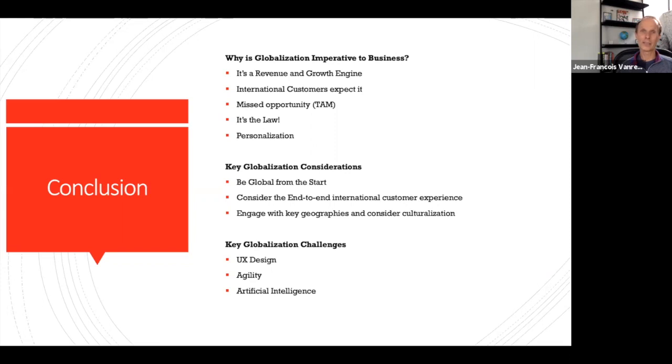So that means designing a great UI. Make sure you also have everything in place to be agile. And then finally, you're going to have to tackle the challenge of artificial intelligence and consider how you're going to support the rest of the world when you have artificial intelligence features built into your product.